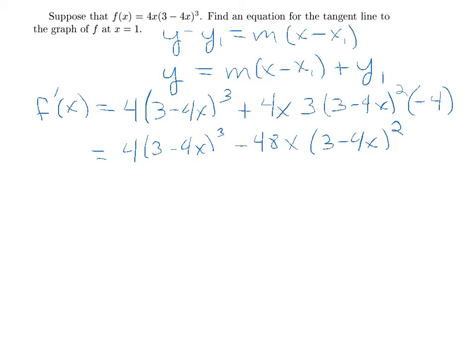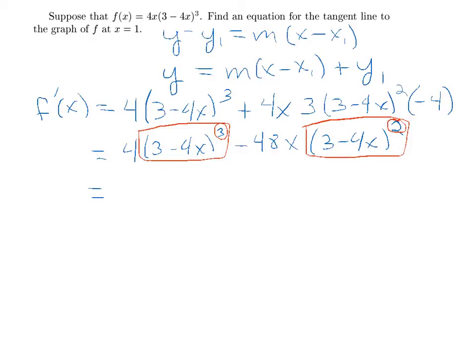Okay, notice that we have some common factors here. This exponent is 3 and this exponent is 2, so the greatest common factor I can pull out is a 3 minus 4x quantity squared. So let's do that.